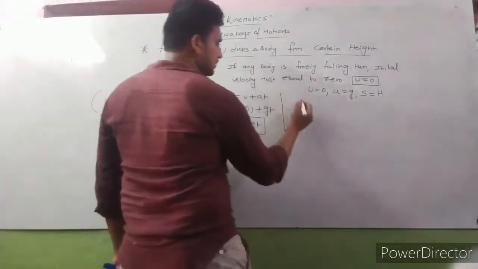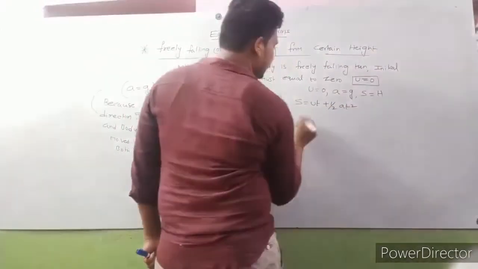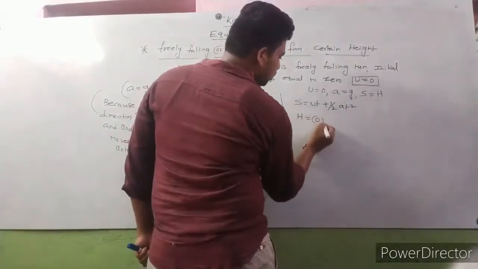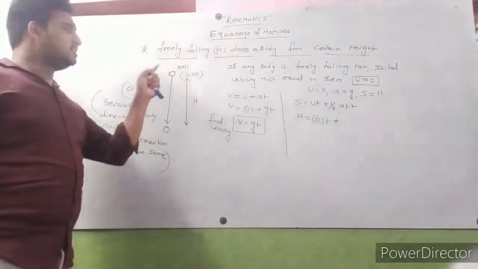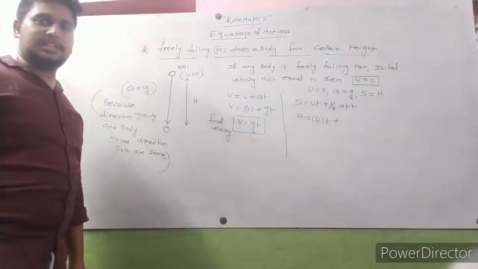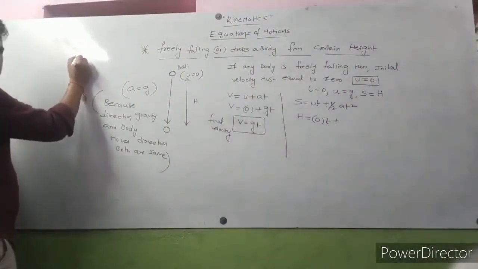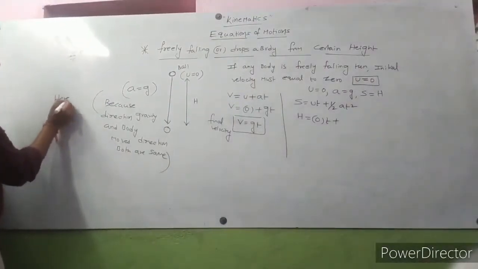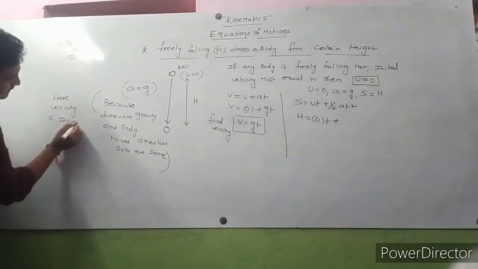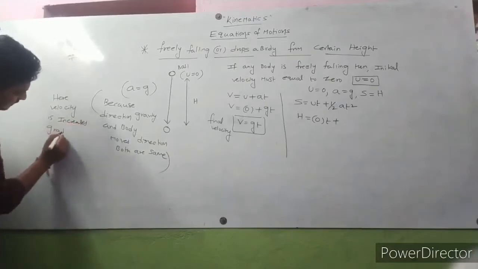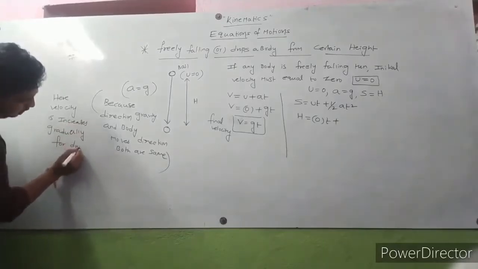And from the second equation, s is equal to ut plus half at square. s is equal to h. u value is 0 into t, because for a freely falling body, initial velocity is 0. Velocity increases gradually for a downward moving body.